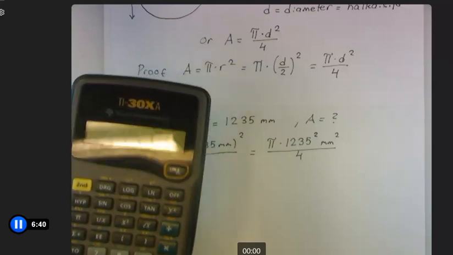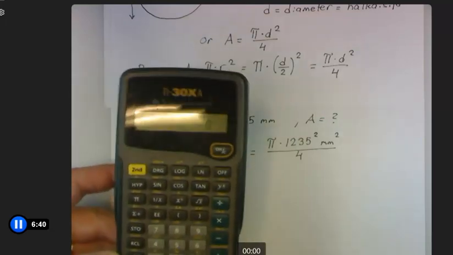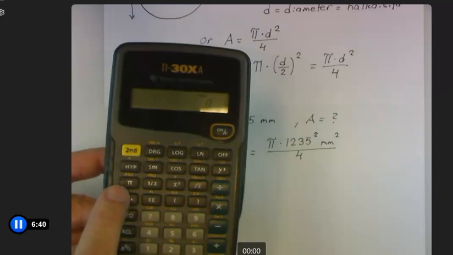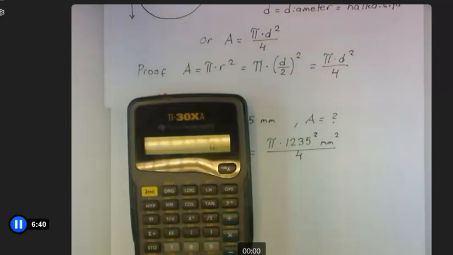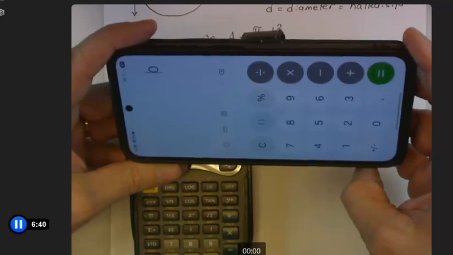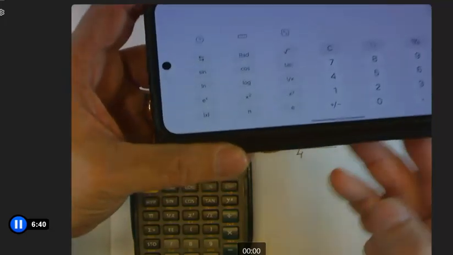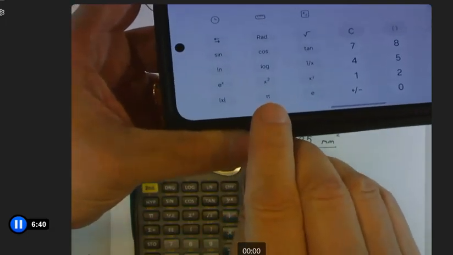Try to remember the longer form, or then use the pi letter or pi button from the calculator. So better to use that. Also, if you are using your mobile phone calculators, there is also pi there. There you get the exact value of pi.